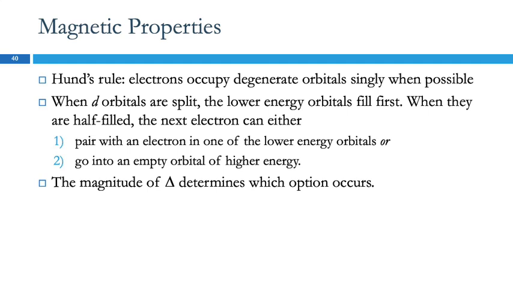And which one they choose depends on that crystal field splitting. How much higher is the energy? If it's just a little bit higher, like, oh yeah, is this worth a little bit of extra money, extra energy to go have my own space, right? If it's a lot more, they're going to say, nah, I'll share and save the money, okay?